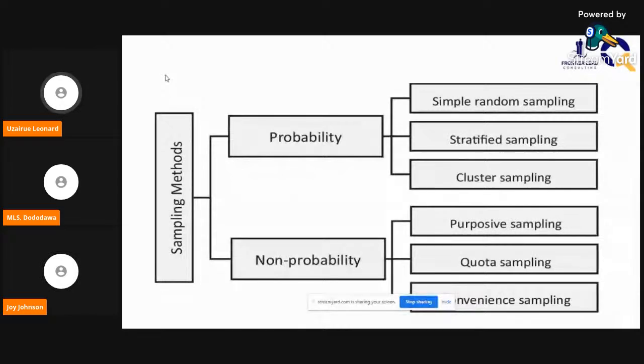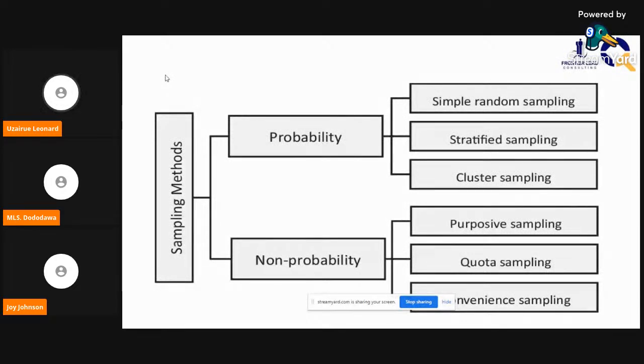Before we talk about the sampling method, I want us to look at what sample size is. Sample size is the number of individuals you include in your sample, depending on various factors. These include the size and variability of the population, and your research design.